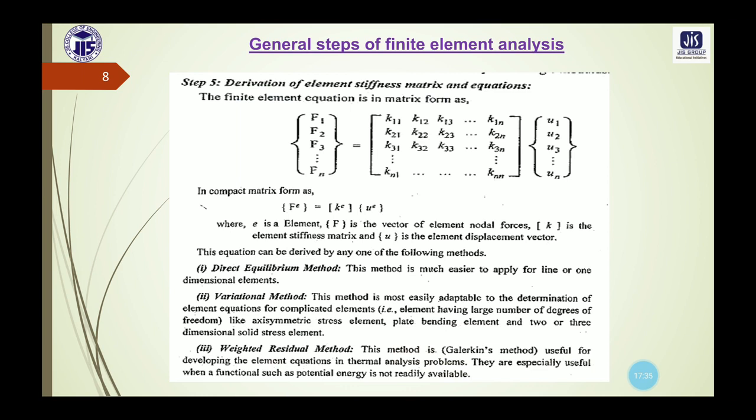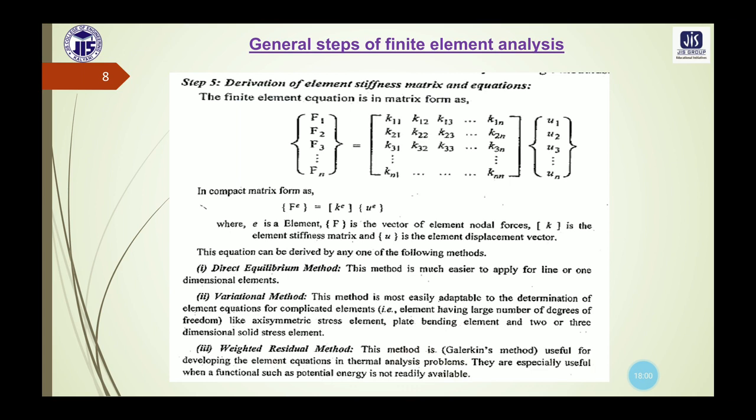This is equal to the stiffness matrix, that is K11, K12, K13, then K21, K22, K23, and in a similar manner Kn1, Kn2 up to Knn, multiplied by the element displacement vector, which is u1, u2, u3, up to un. So u is the displacement vector.